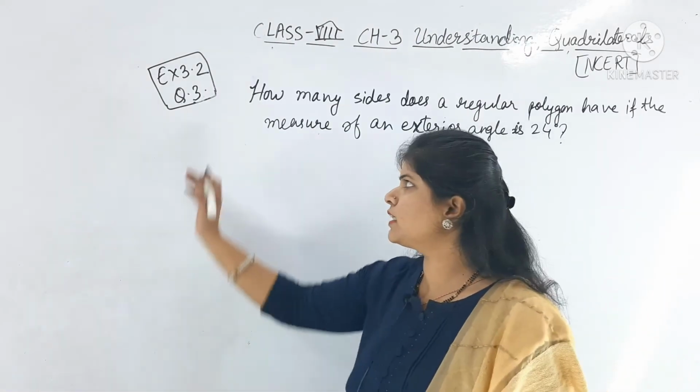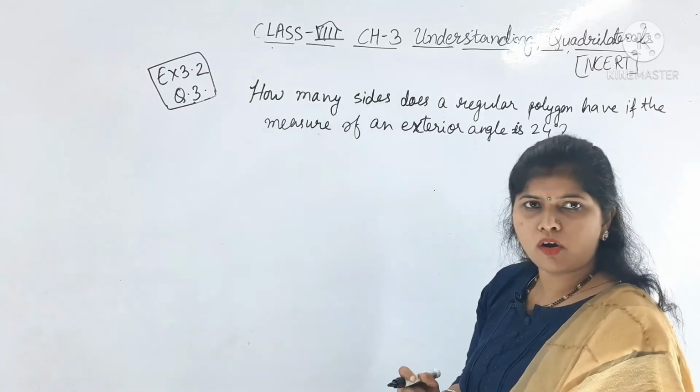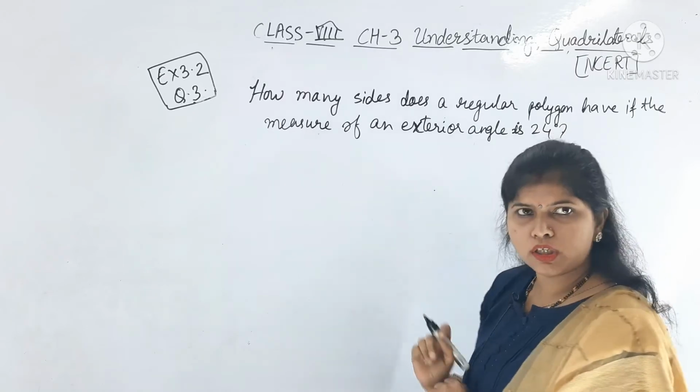Okay students, let's see question number 3 here. What is given? We have to calculate number of sides, and they have given the exterior angle as 24 degree.